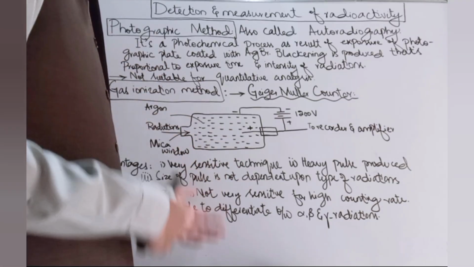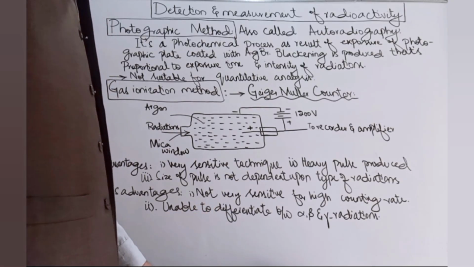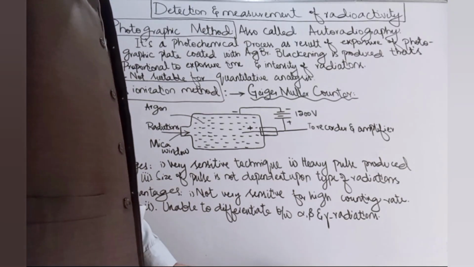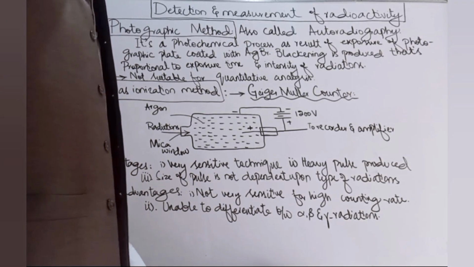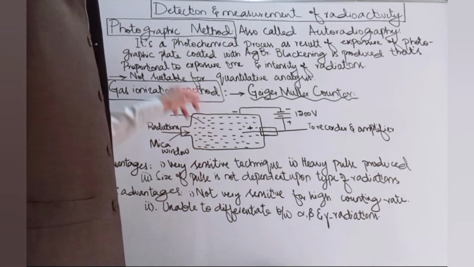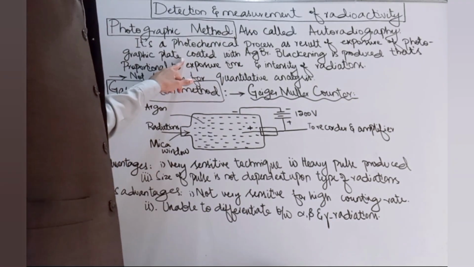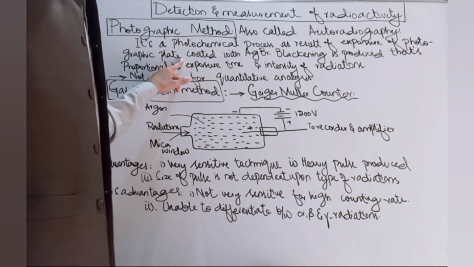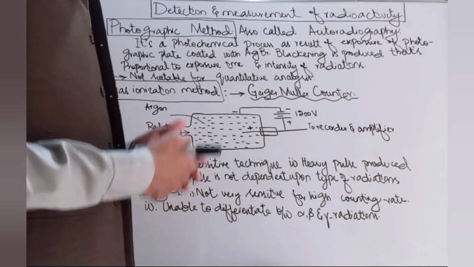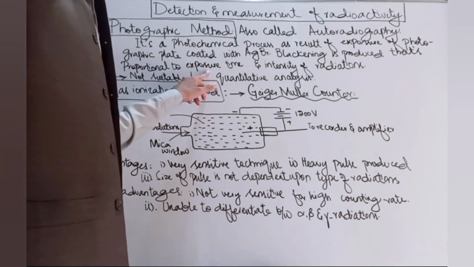Basically, in this process we use a photographic plate coated with chemical compounds such as silver halides like silver bromide, and whenever the plate is exposed, the radiations interact with the silver bromide, and a photochemical process leads to the blackening of the plate. The extent of blackening is directly proportional to the time of exposure of the photographic plate to the radiation and the intensity of the radiations.